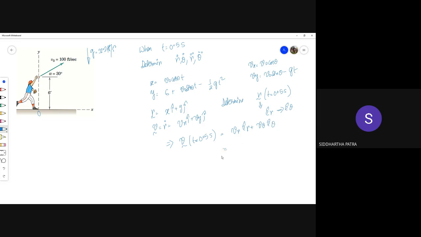Now Vr is r dot, and V theta is r theta dot. From this expression, you will have the velocity in Cartesian form.